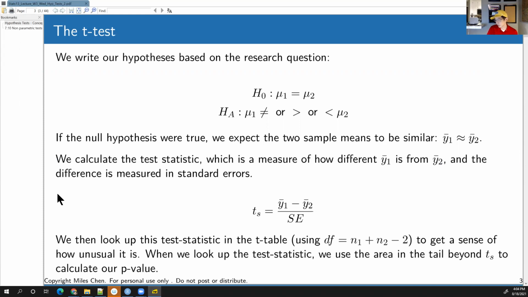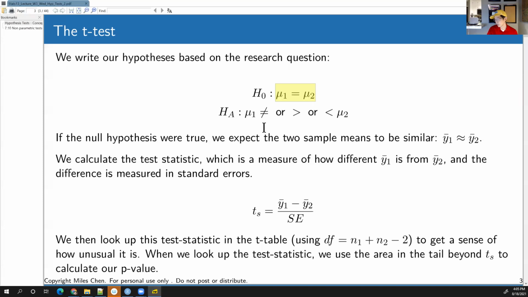Okay, and so when we conduct our T-test for independent samples, and we are comparing the means of two populations based on what we observe in two samples, we always start off by writing a testable hypothesis. And the null hypothesis will always have an equal sign. And because we're comparing two means from populations, our null hypothesis is always going to be mu1 is equal to mu2. That's always going to be our null hypothesis.